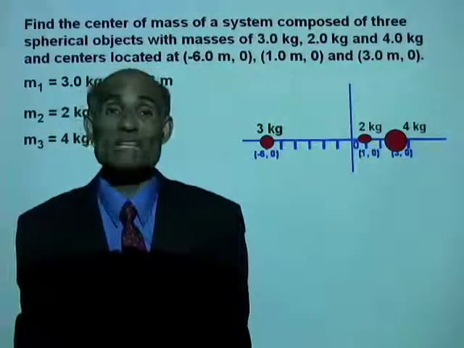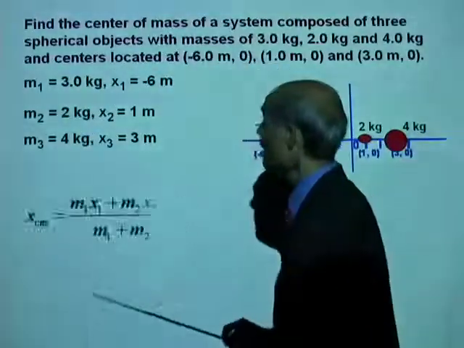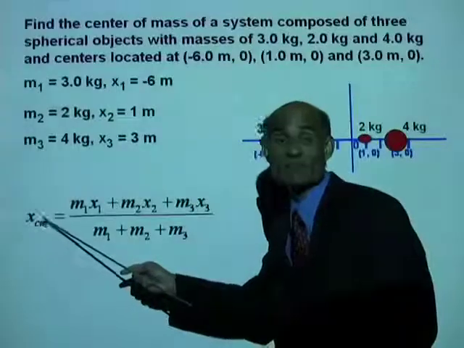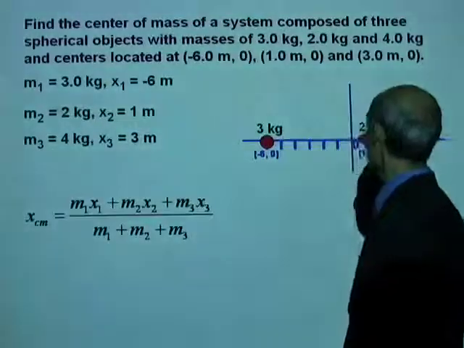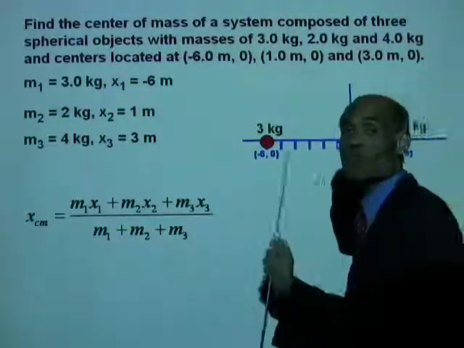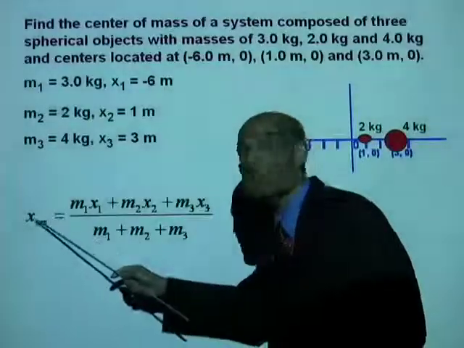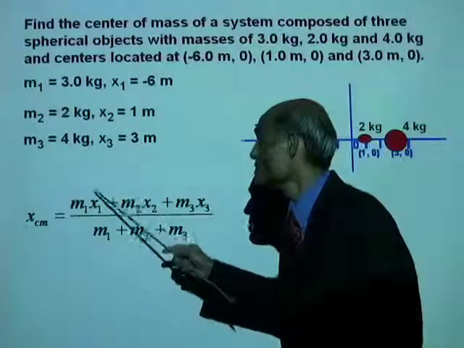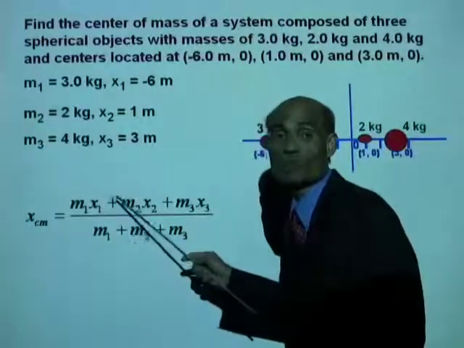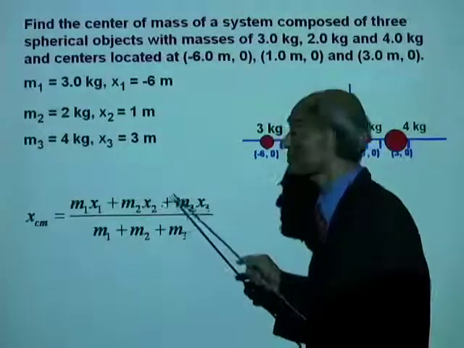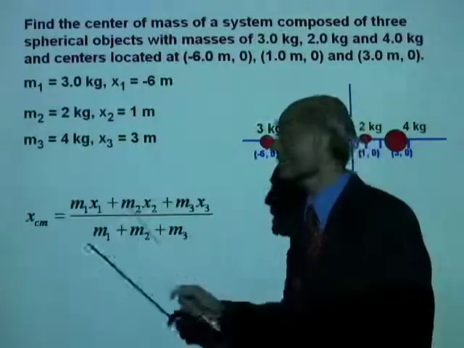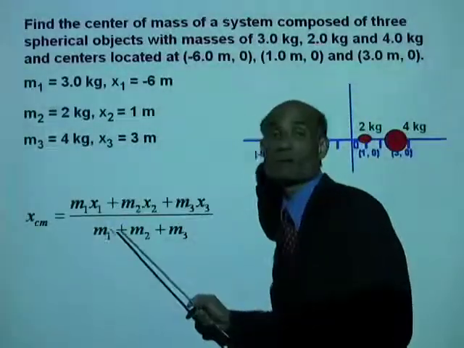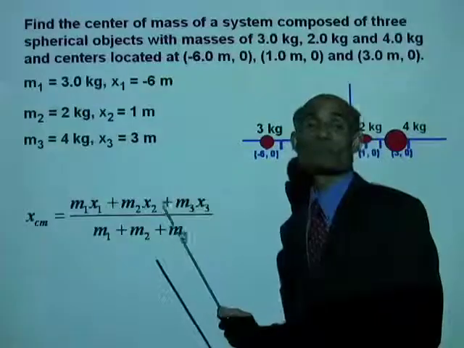How do we figure out the center of mass? Well, the center of mass of these three objects will be somewhere on the x-axis, given by x center of mass, and there are three objects. So it will be M1 x1 plus M2 x2 plus M3 x3 divided by M1 plus M2 plus M3.